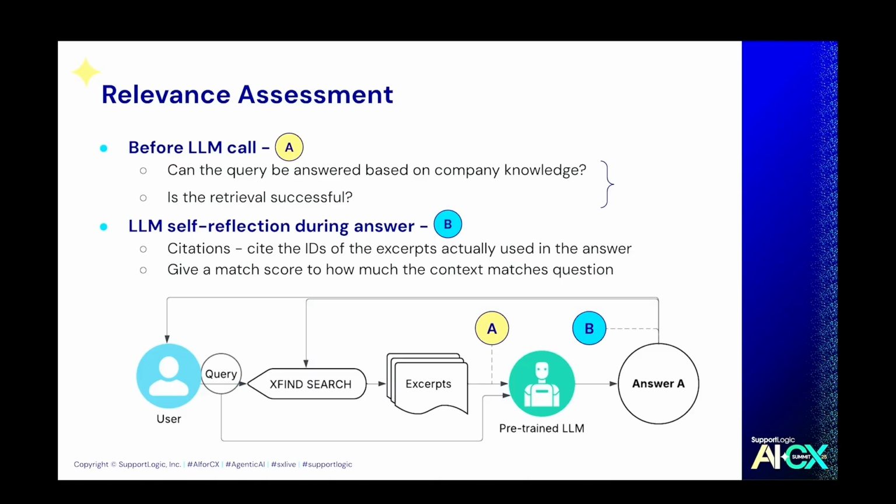Rather than just going directly to LLM and do a search and then get results, where every LLM call is like 15 seconds, instead, we have a machine learning model that we train for each customer that can determine whether the question actually can be answered.